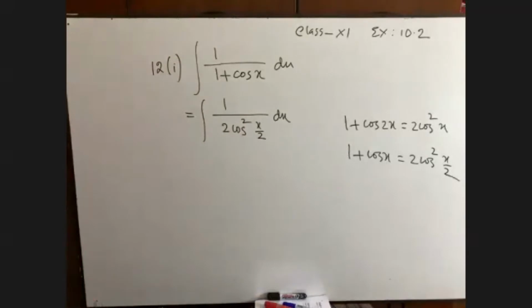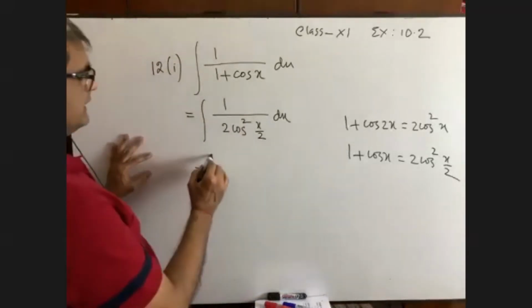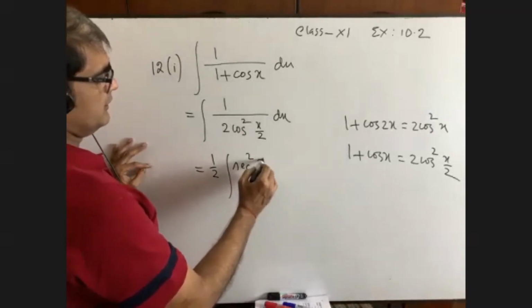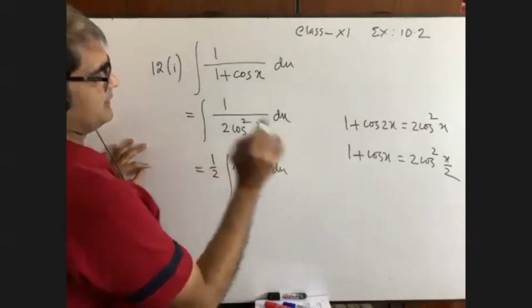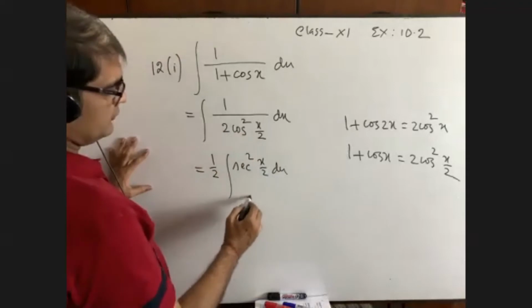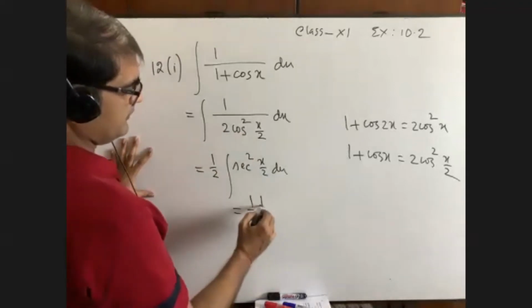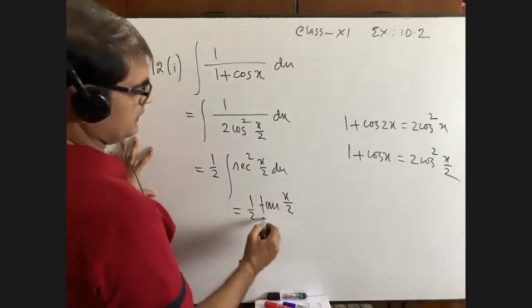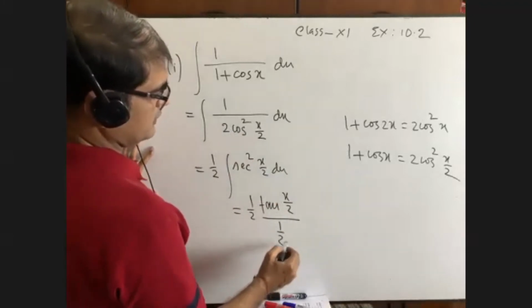Okay. Now you see, we can write here half sec square x by 2 dx, right? And its formula is half tan x by 2 divided by half plus c.